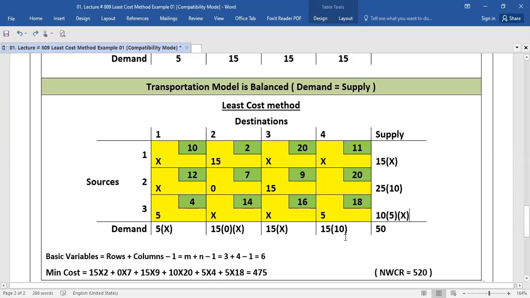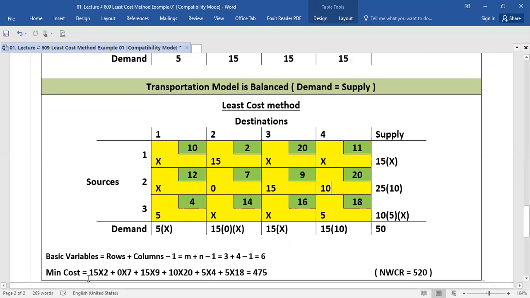So we are left with a single blank cell. Here we see that we have 10 supply and 10 demand, so the last value will be 10. How many allocations have we made? We have made 1, 2, 3, 4, 5, and 6 allocations.